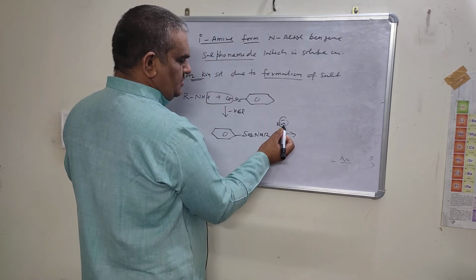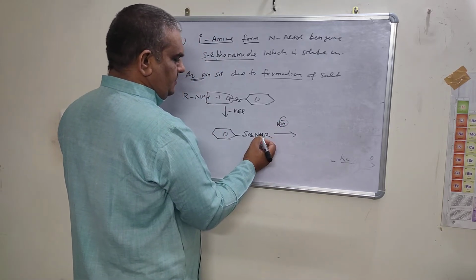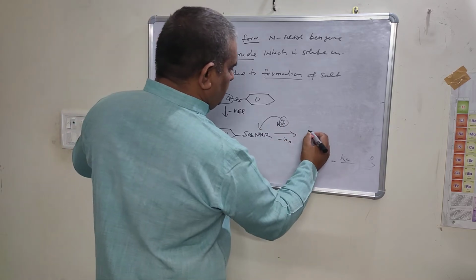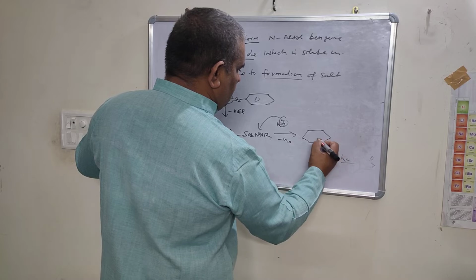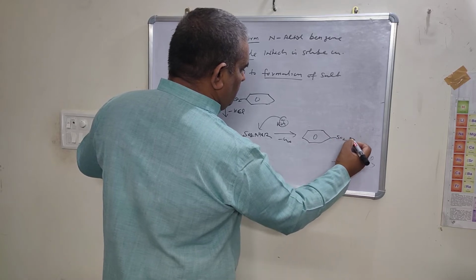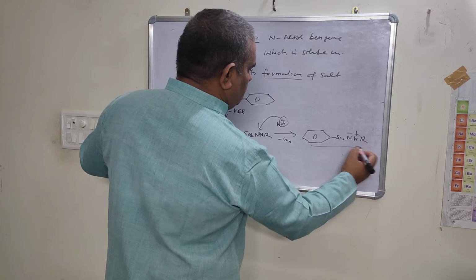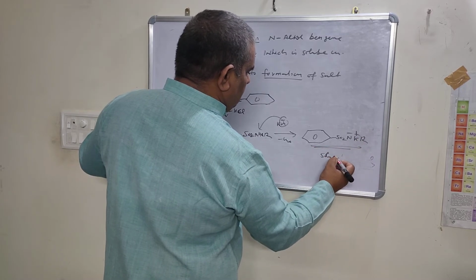The base abstracts the proton here, and the salt is formed: C6H5SO2 N negative K positive R, this is the soluble salt.